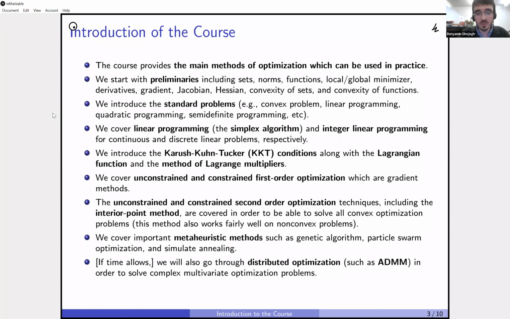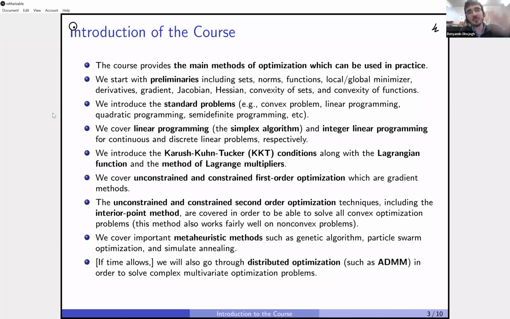We don't want to only cover fancy algorithms which are not going to be useful in practice. We are going to learn the core algorithms in optimization, which can be used in both theory and application in industry, and also research. So this is what this course is about.